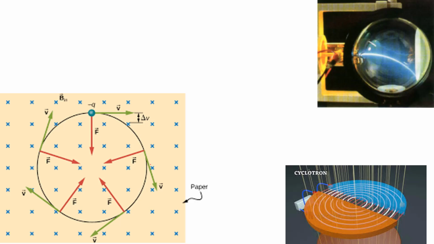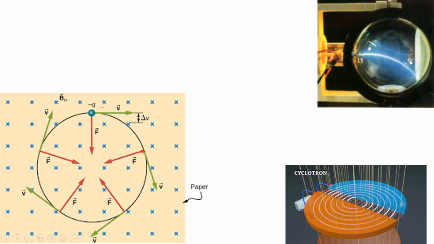Weirdly, the magnetic force on these moving particles is perpendicular both to the magnetic field and the direction of motion. So if we're going perpendicular to that magnetic field, we end up with a force that always points perpendicular to our motion. We get circular motion. And a cyclotron uses a large uniform magnetic field to get particles to rotate in circles.